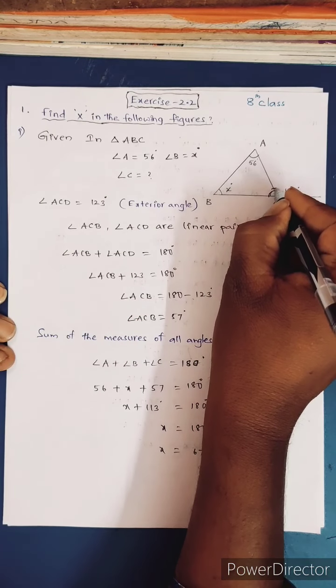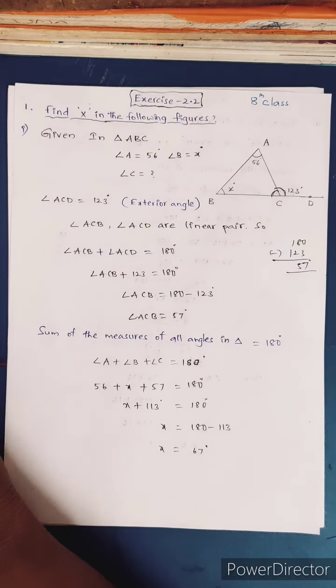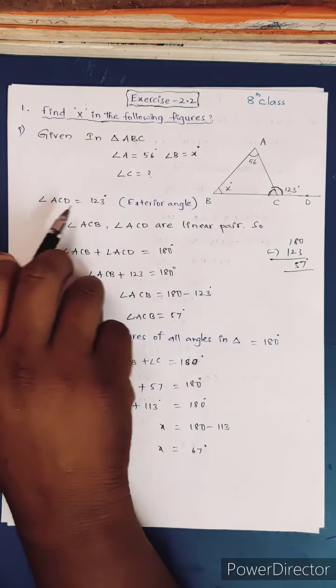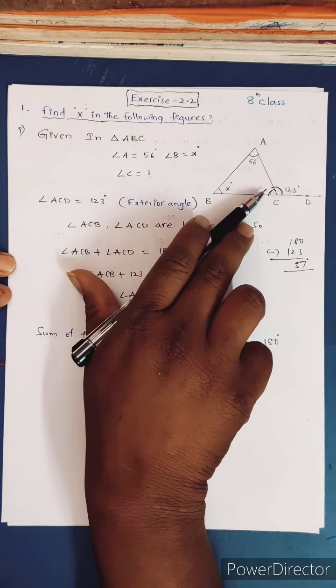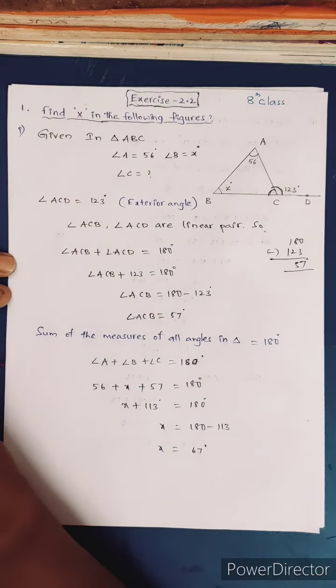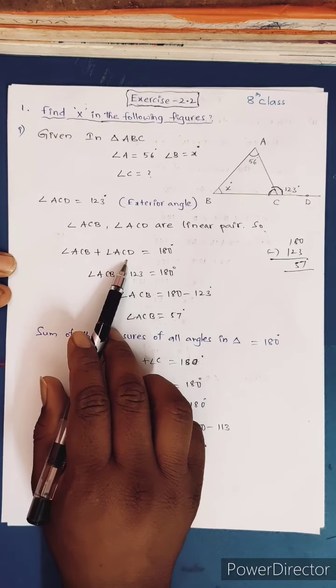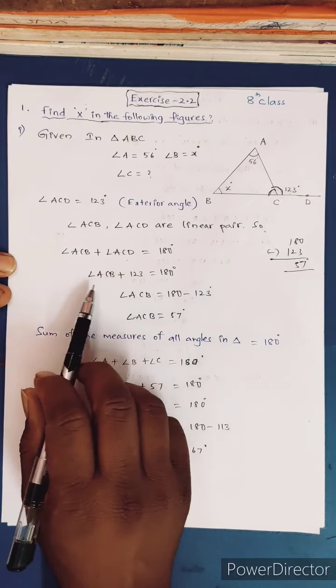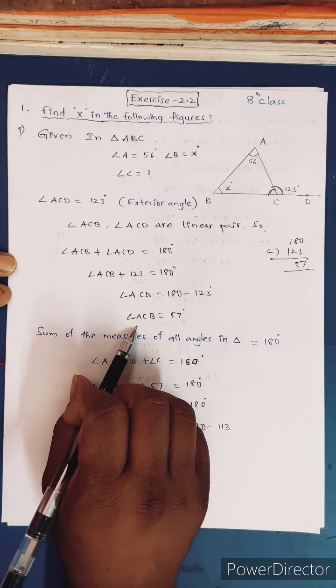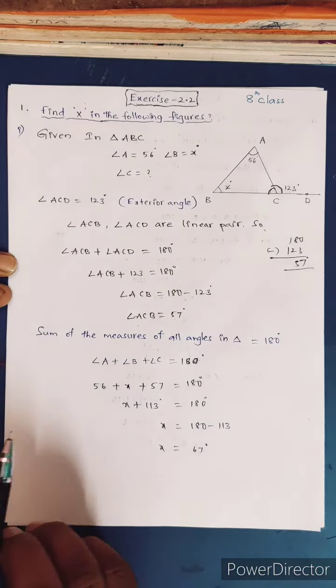The condition is a common point and a common arm. C is the common point for both angles, and AC is the common arm for both angles. Angle ACB and angle ACD form a linear pair, 180 degrees. If one angle is 123 degrees, then automatically the other angle is 57 degrees.